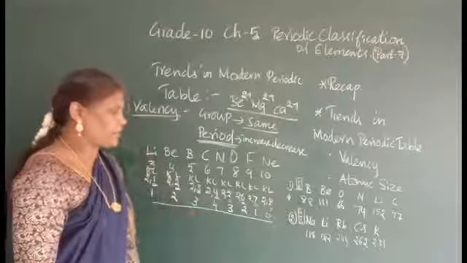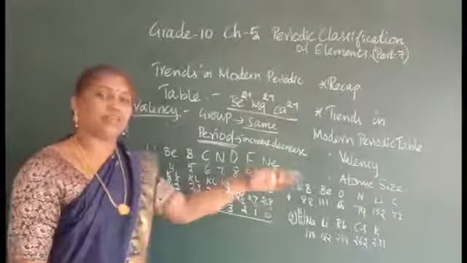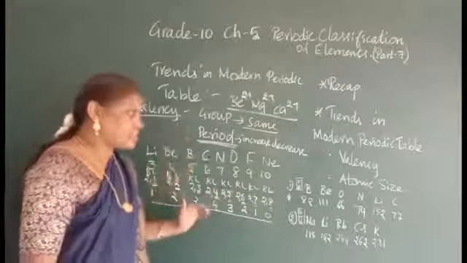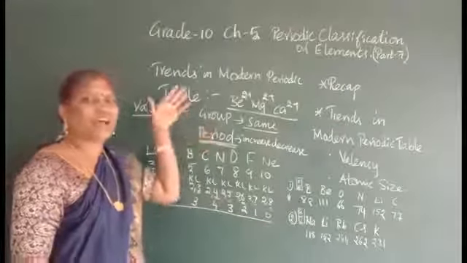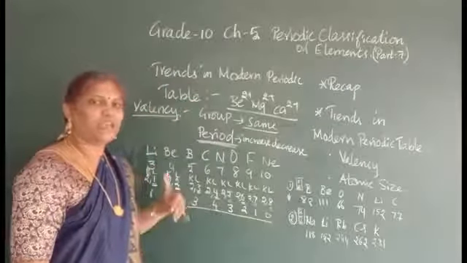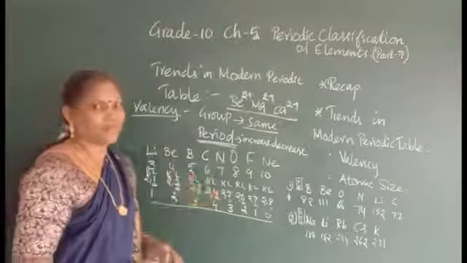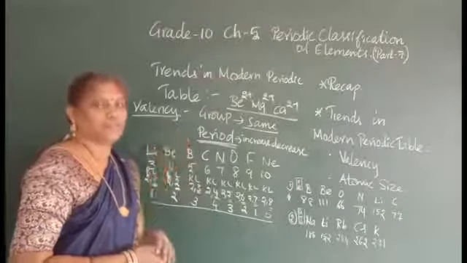In the modern periodic table, it will be increasing and decreasing, and again it may increase. But in a group, the valency will be the same. In a period, it increases and then decreases. This is what you should know about valency in the modern periodic table.